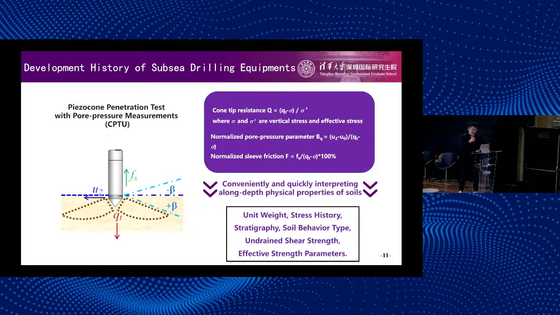From those data, we can derive the soil properties quickly. So the application of CPT testing techniques on the subsea drilling rigs has addressed issues related to discontinuous sampling and sample disturbance while drilling, and then promotes the seafloor drill's adaptability for marine engineering projects.